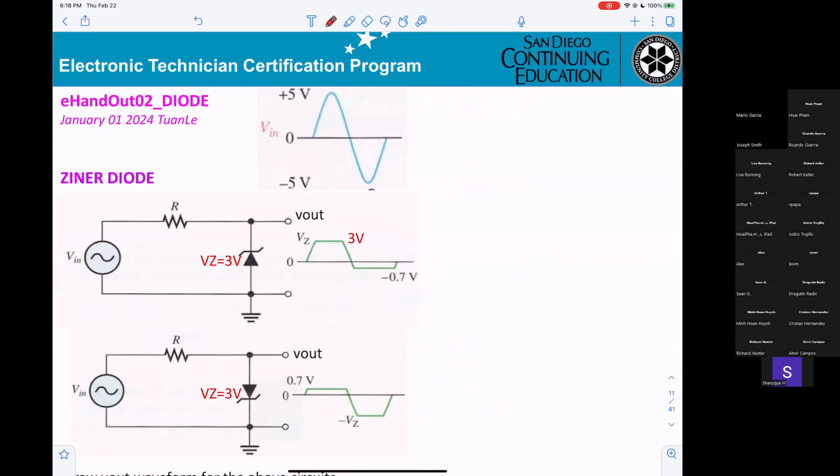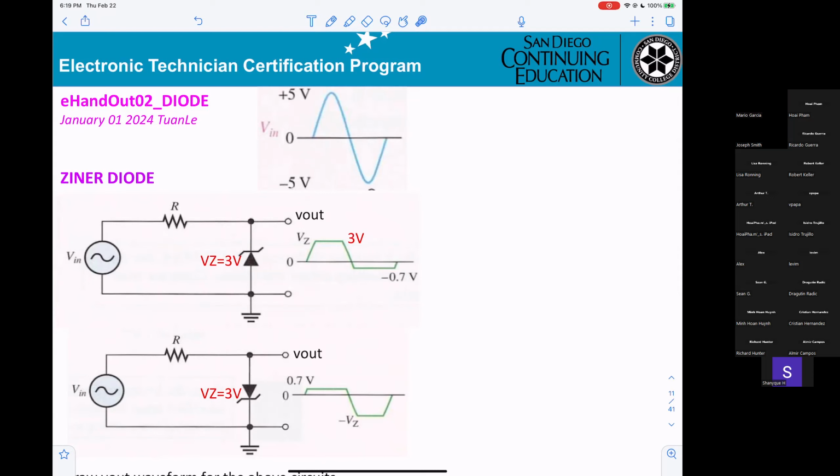Okay, so basically that will be quickly go. Now, you can get the Zener diode VZ equal 3 volt. And they apply it sideways, okay? Positive and a negative.